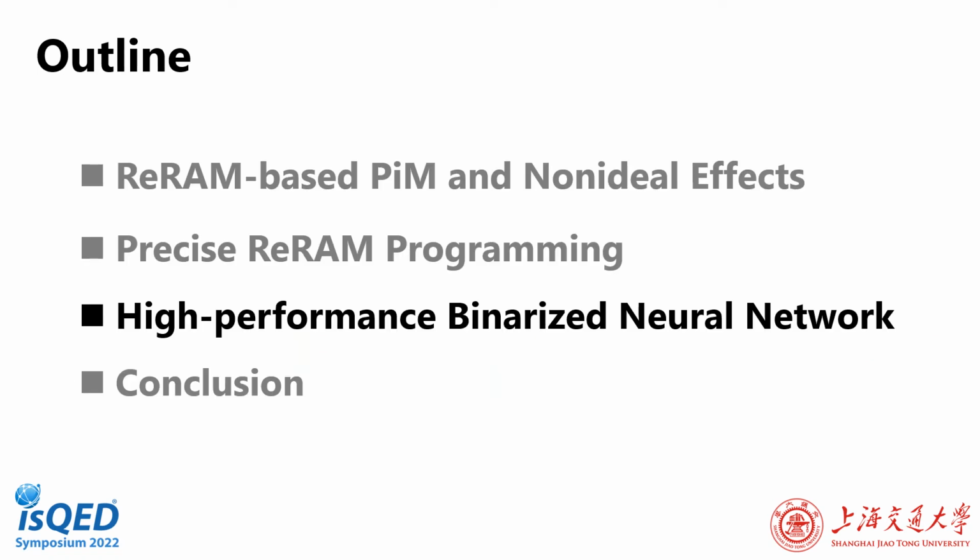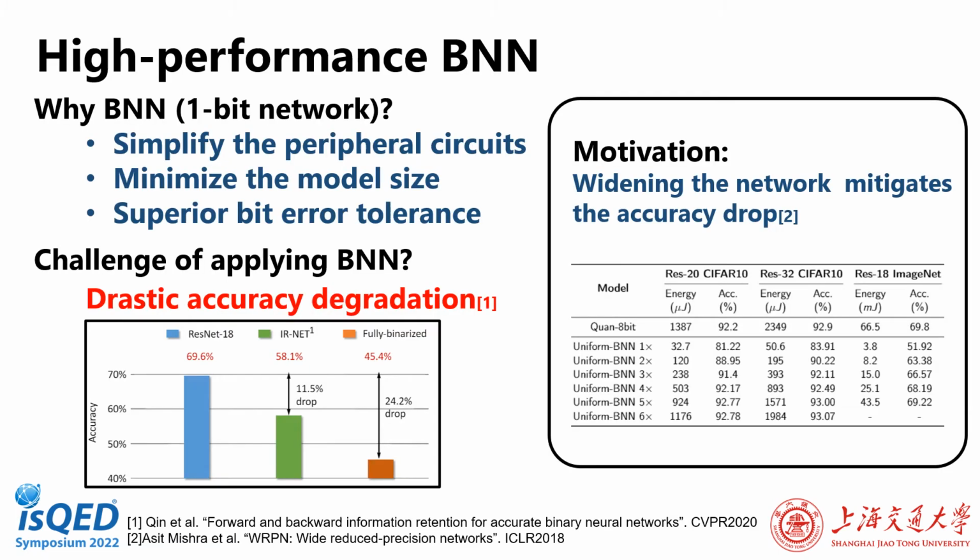Then, I'll introduce our algorithm-level optimization, the high-performance binarized neural network. The BNN is exactly the 1-bit network, where the parameters are 1-bit data rather than floating-point data. Why BNN?